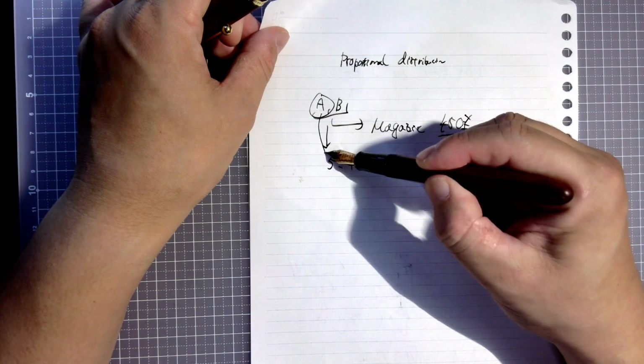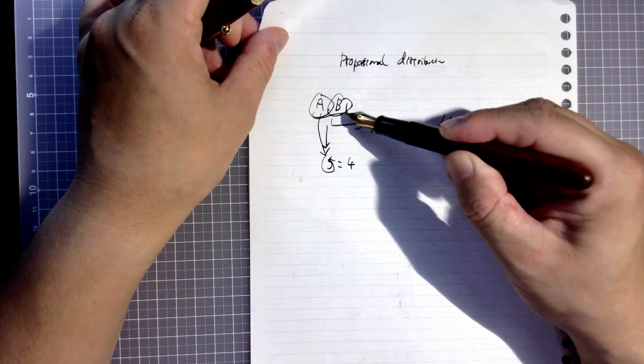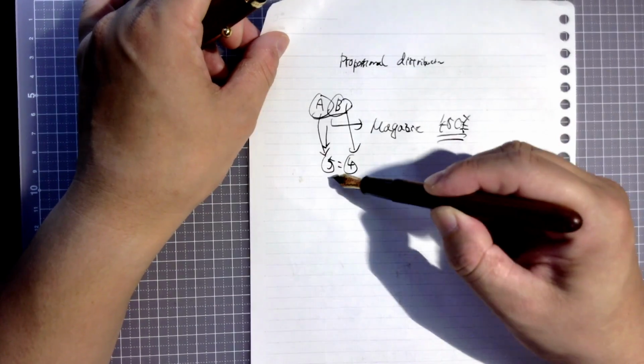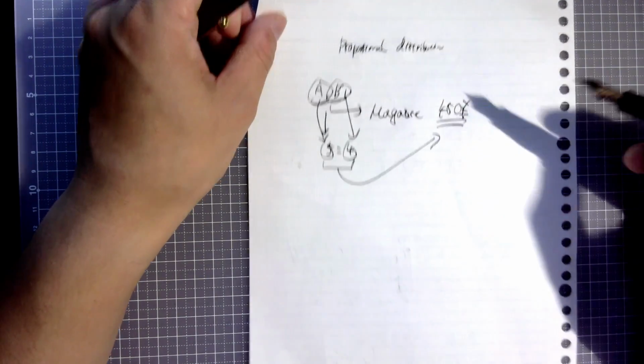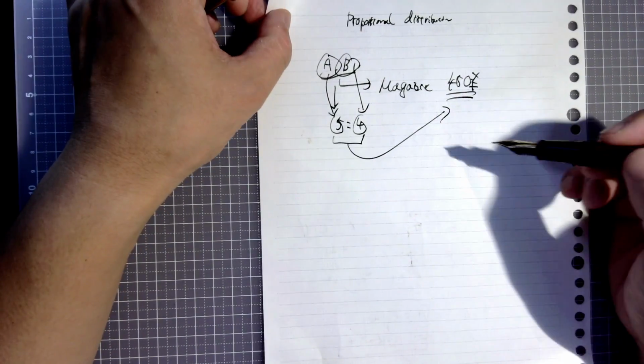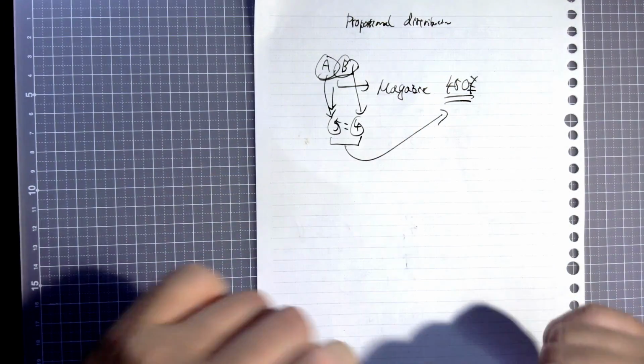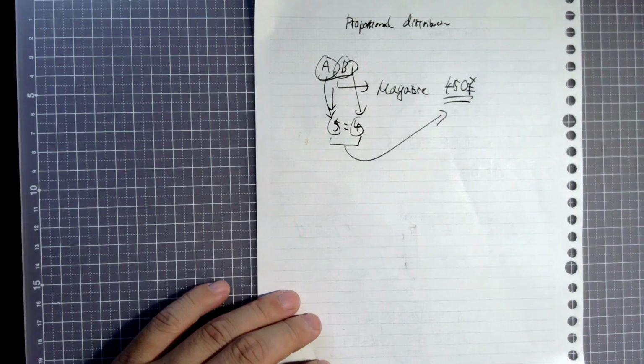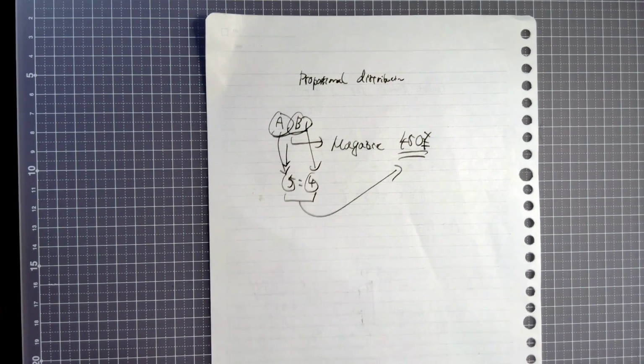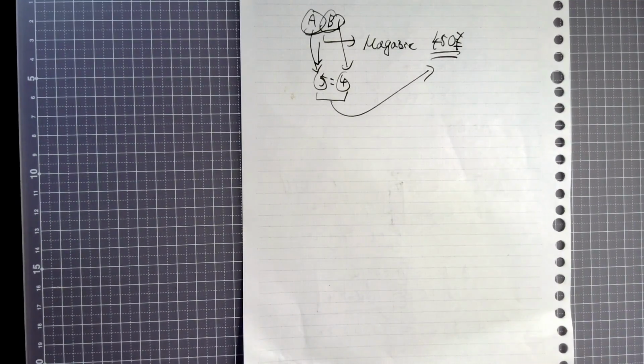So Mr. A paid 5 while Mr. B paid 4 in this ratio. The question is, how much money did each of them pay? Okay, let's solve it.